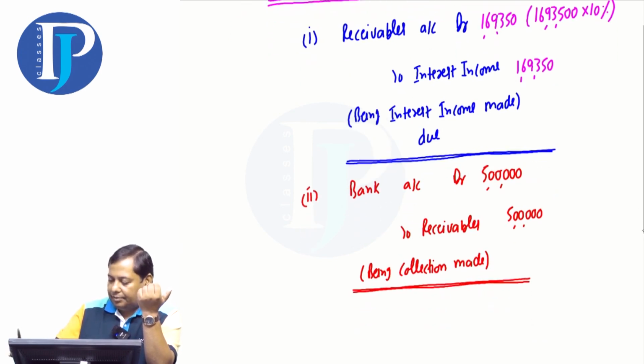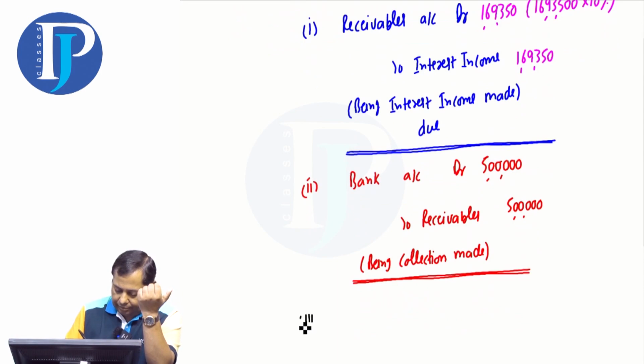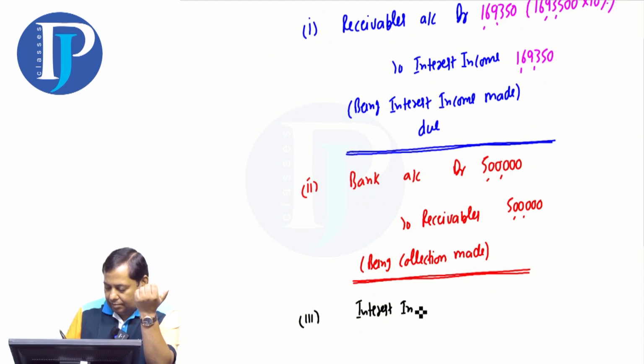Here is point C. Interest income account debit to P&L. The income is 169,350.